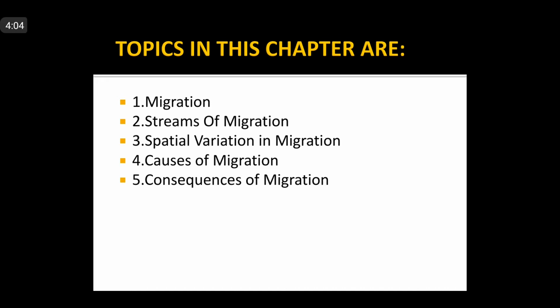Now let us discuss today something about the causes of migration. What are the different causes of migration? There are a number of causes due to which migration takes place. One, it may be political, maybe economic, it may be social causes, but there are certain concrete causes due to which migration takes place.